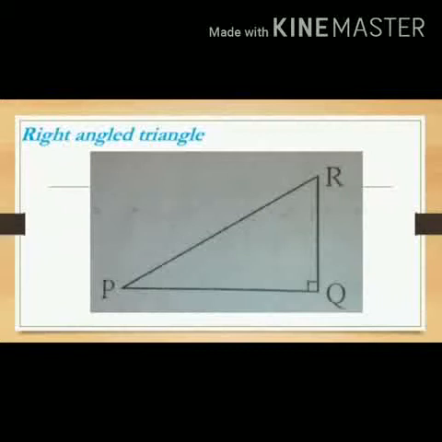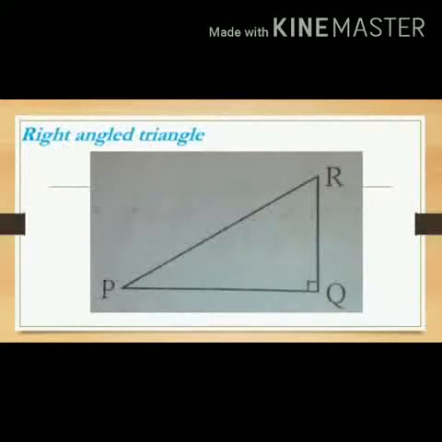The side opposite to 90 degrees is the hypotenuse. In the figure, the side PR is the hypotenuse of triangle PQR. Now, we can see the definition of right angle triangle. The triangle having one angle measuring 90 degrees is called a right angle triangle.